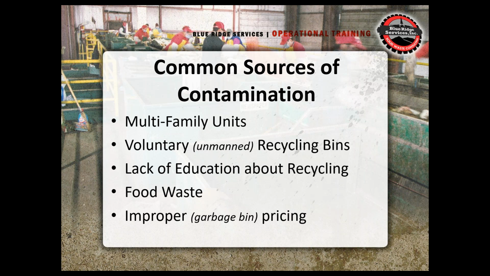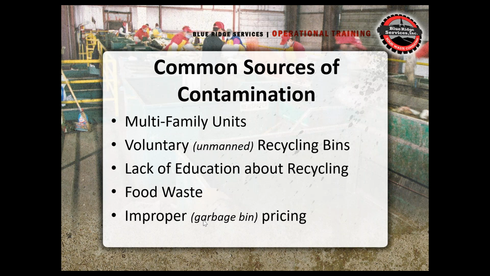We talked earlier about the garbage bin pricing. We're talking about residential cans. If you're in a community that's trying to incentivize people to generate less trash and produce more recyclables by giving them a cheaper option to go with the really small garbage can, you may be indirectly creating contamination from that effort.